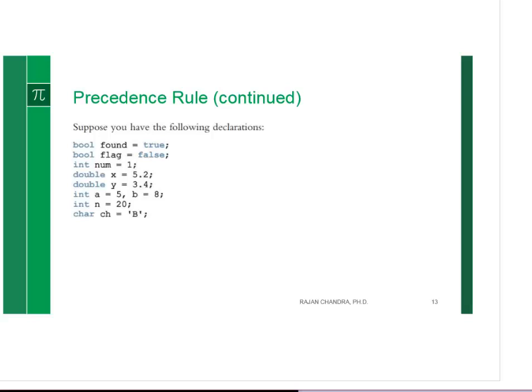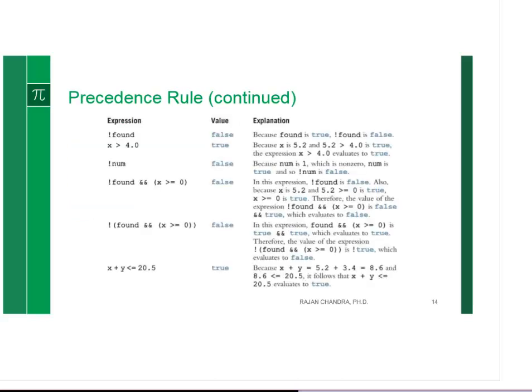Assuming this precedence rule, assuming we have the following declaration, not found is false because found is true. x is bigger than 4 is true because x is 5.2 and 5.2 is bigger than 4.